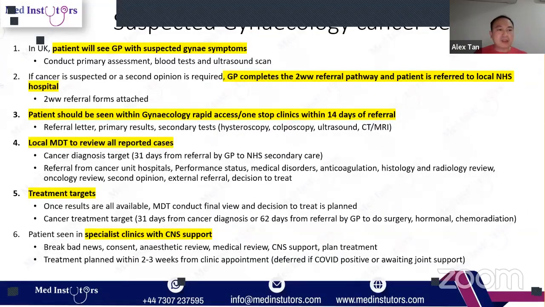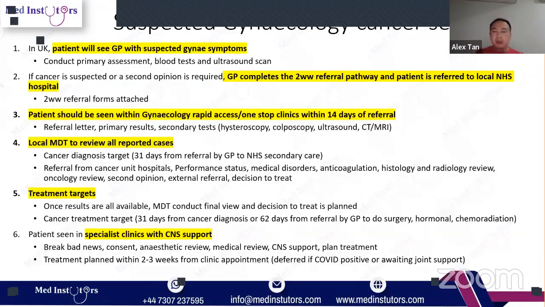Okay. So as I said, the person in question with suspected symptoms will see the GP. The GP will do blood tests, your CA125, your scans, and then refer to see me. They usually send a referral form, which is a template.